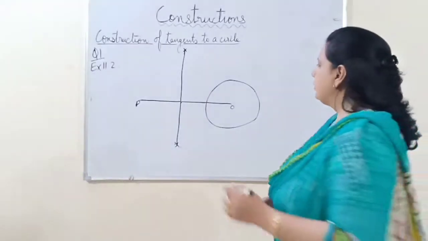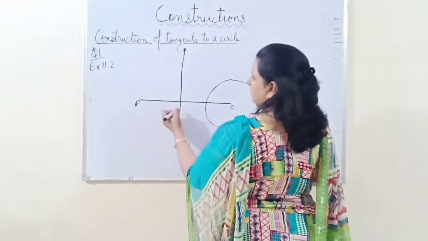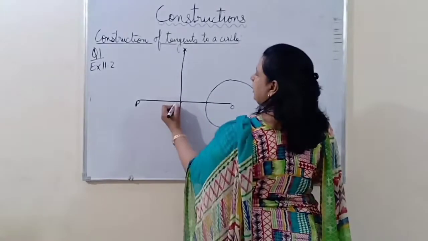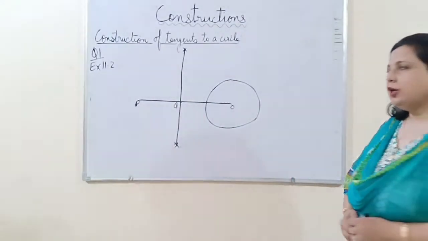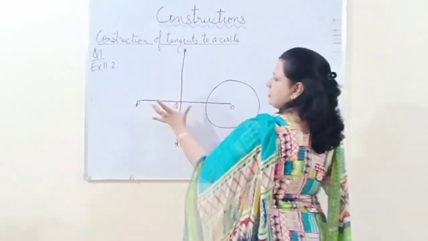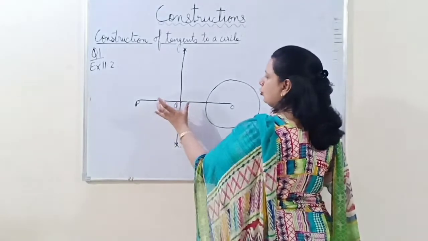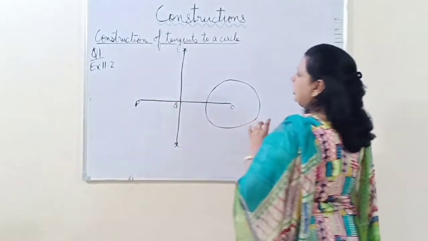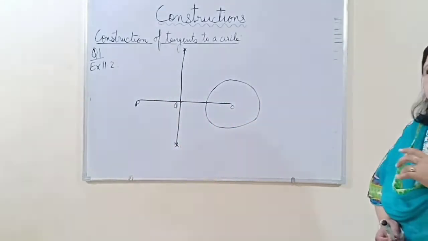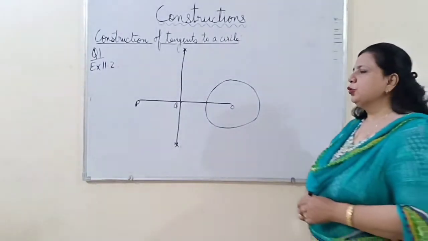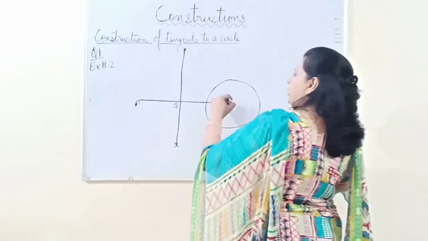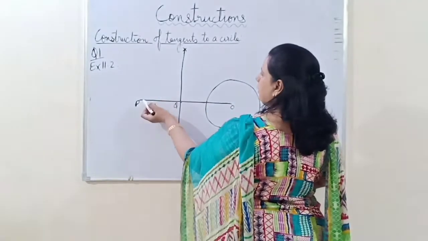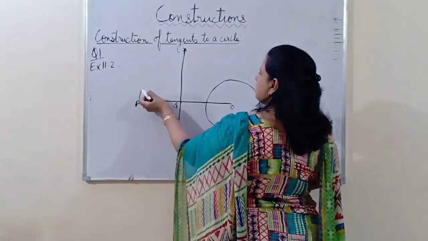Let this line intersect OP at Q. Now OP gets bisected at Q, so OQ will be equal to QP. Now with center Q and taking radius OQ or PQ in the compass, draw a circle.